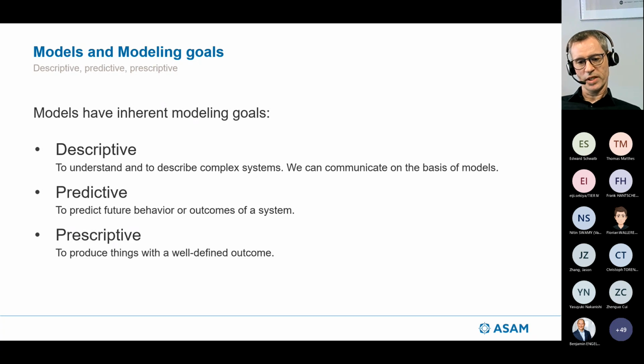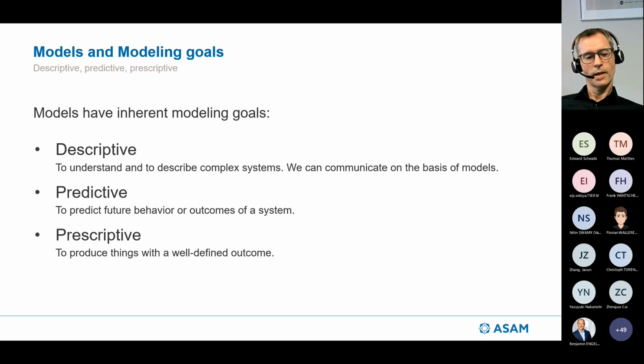We also have prescriptive models. Prescriptive models we have when we want to produce things with a well-defined outcome. This could be a business process modeled in BPMN. You model a business process and want to use this process to produce a specific outcome.